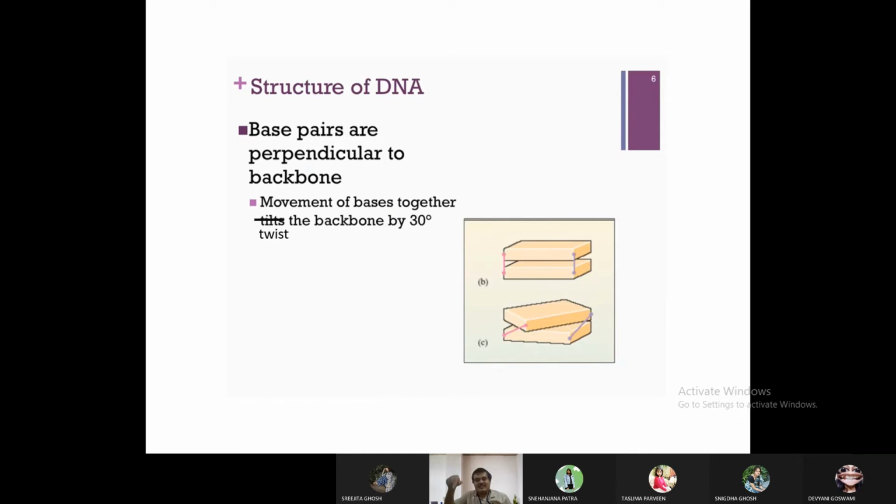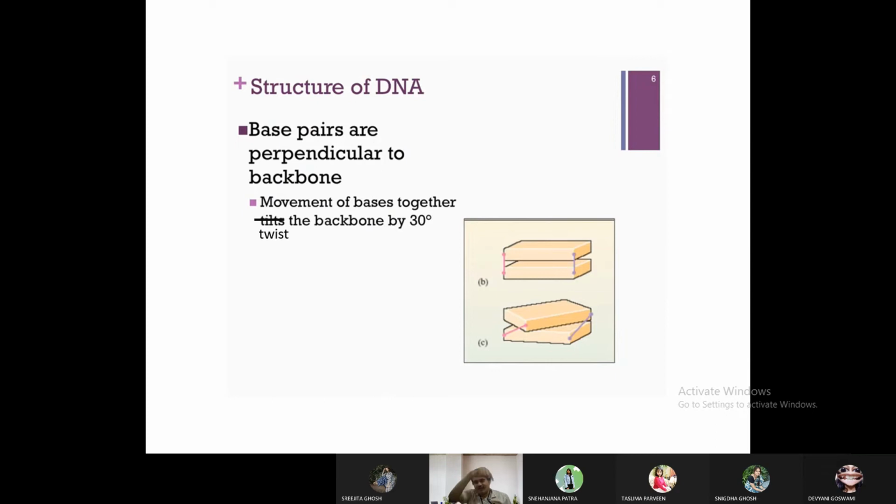So for a 360 degree twist, how many base pairs do we require? Simple, 360 by 30, how much is it? 12, correct? In DNA, the pitch of B-DNA is 10.5.